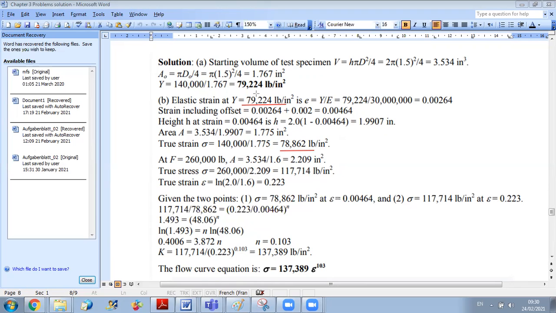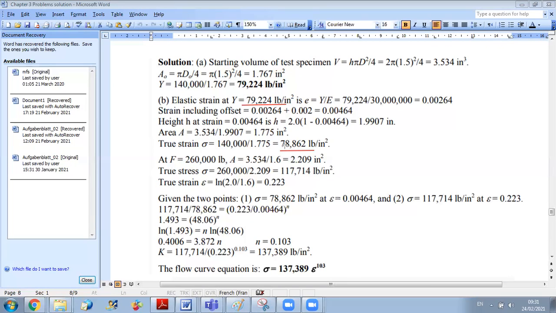If you do the relative error, it's not very high. This is why in the elastic region, sometimes they say the true and engineering values are very close, and we can consider them the same. But to be more accurate, I advise, and you should do this. This will show that you understand that the flow curve is based on true values, not on engineering values.